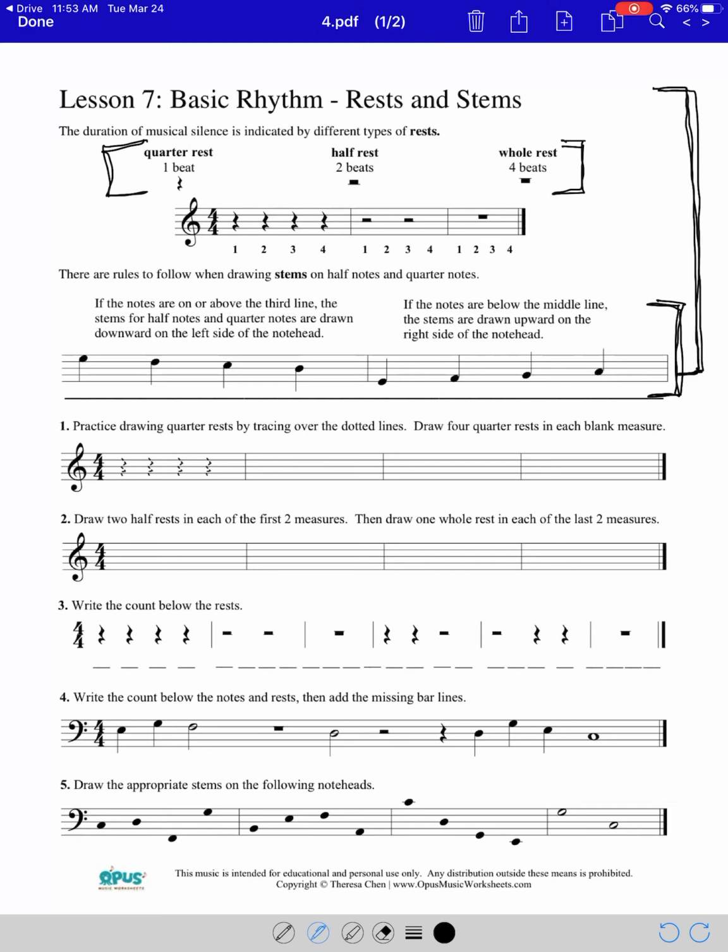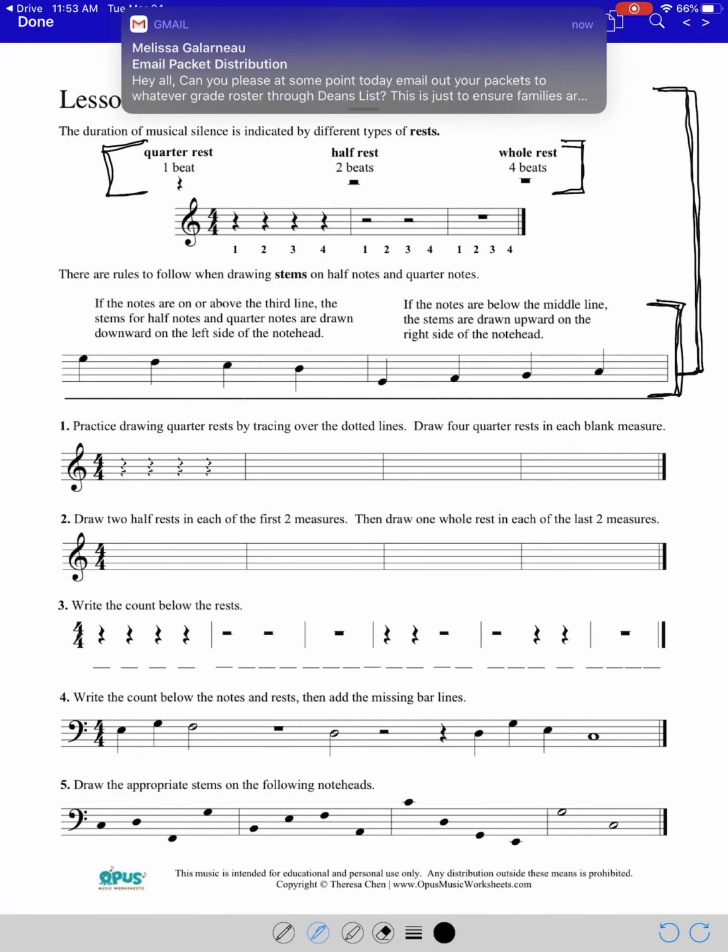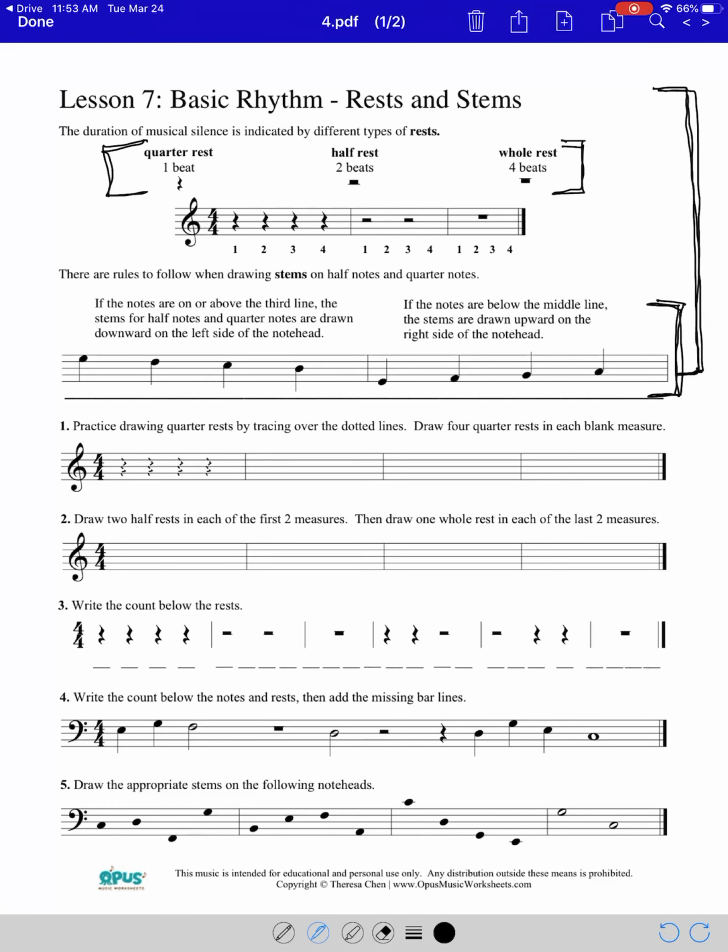Basically, if they're on the middle line or above, the stem, which is this part of the note, is going to point down. And if they're below the middle line, the stem is going to point up. And notice that the stem is on the left-hand side when it points down, and it's on the right-hand side when it points up. Yeah. So we'll come back to that in a second.